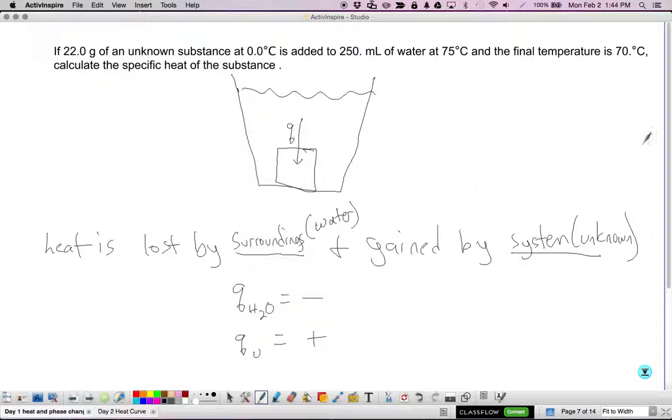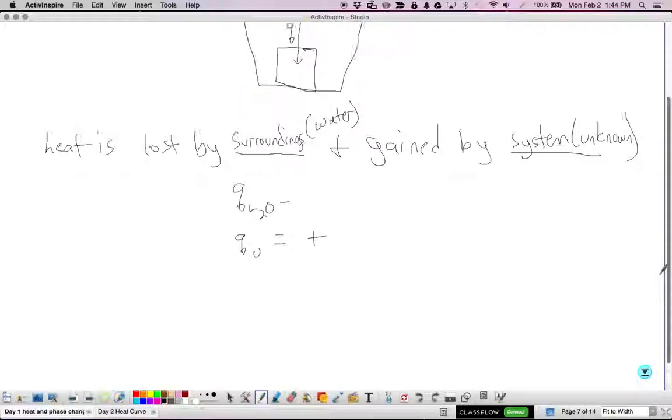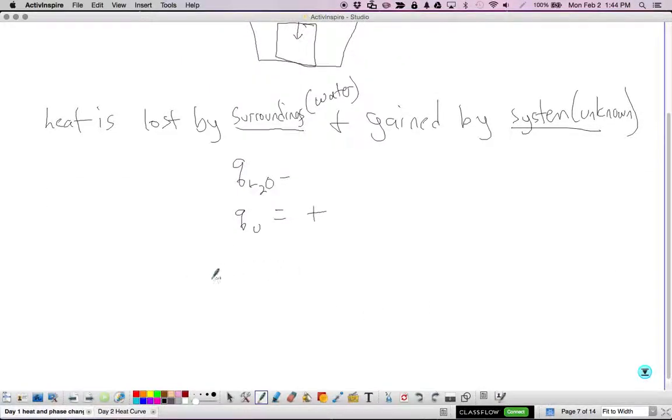And due to conservation of energy, I can start with this mathematical representation of the conservation of energy. So Q of the unknown equals negative Q of the water. Okay, this is your golden ticket, my friends. This is where you always start.